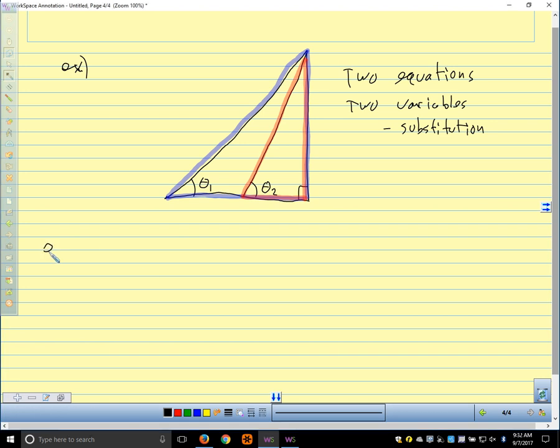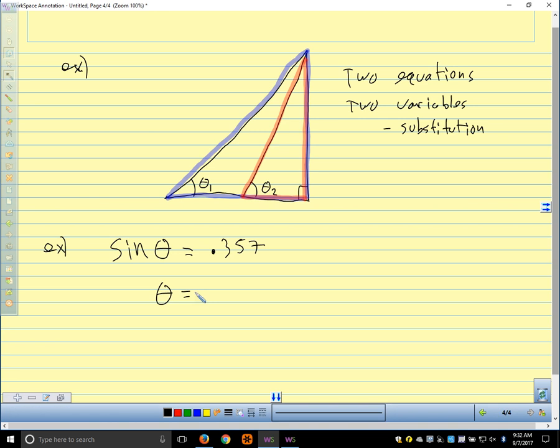All right, last thing I want to talk about is if we had a problem like this. Sine of theta equals 0.357. And we want to know what theta equals. So we know what the sine is, we want the angle.